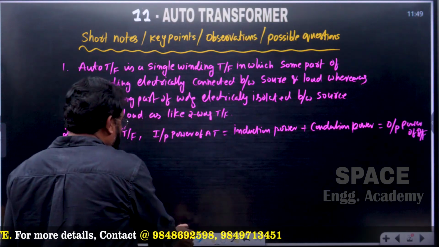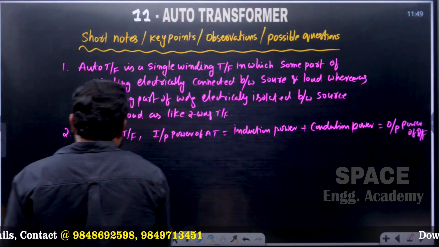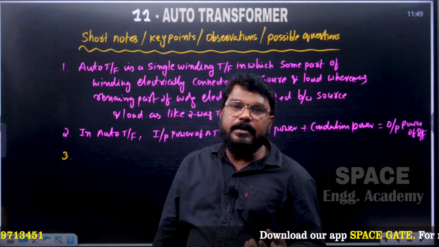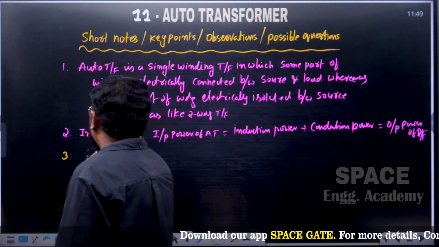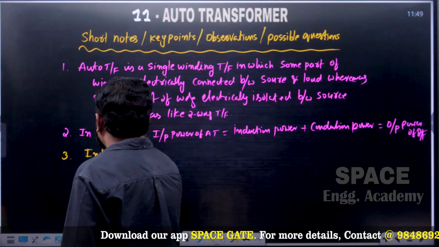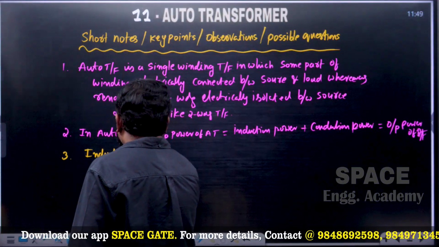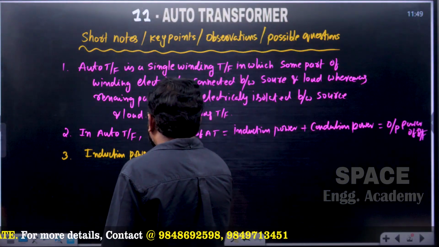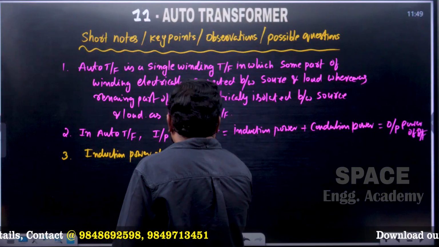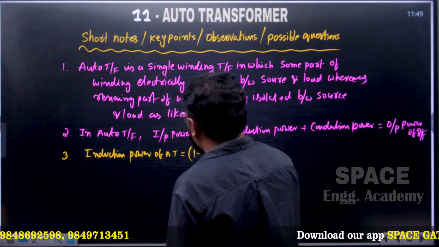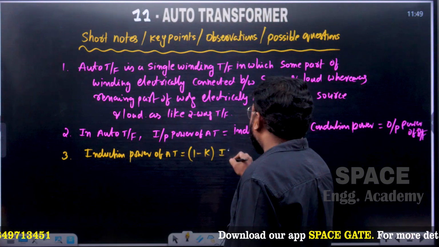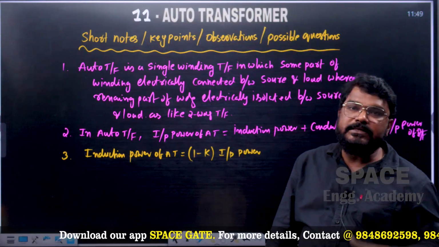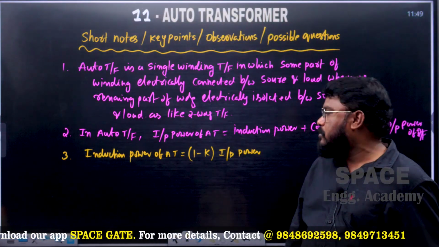And next, the third observation. Sometimes we have a question: how do we calculate the induction power? The induction power of auto transformer, also called the induction kVA of auto transformer, is equal to (1 minus k) times the input power of the auto transformer, where k is the transformation ratio of auto transformer.